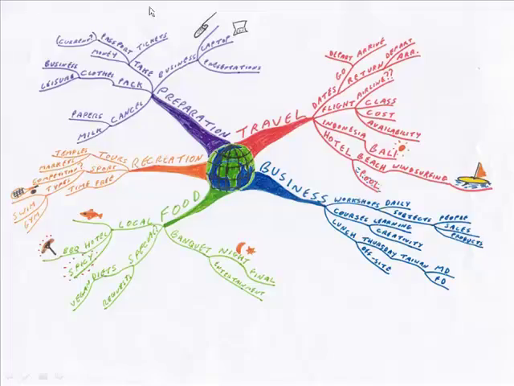You notice the mind map is in landscape mode. We have a central image using 2 or 3 different colors. We then have these main branches: travel, business, food, recreation and preparation, attaching right up to our central image.